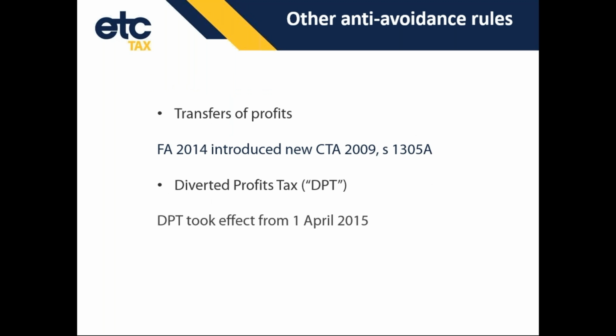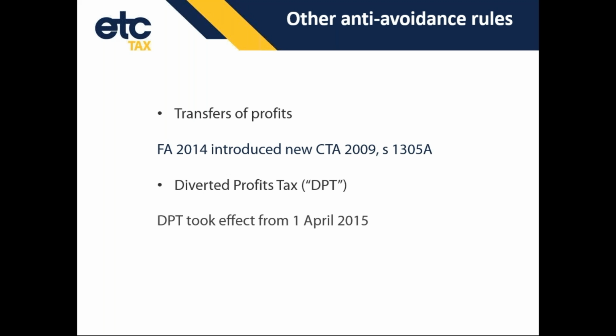There are some other anti-avoidance rules which may need to be taken into account in other specific circumstances. Finance Act 2014 introduced a new section 1305A to CTA 2009, and this is to counteract a transfer of profits between companies. The legislation is aimed at transfers of profit using derivative contracts or similar instruments.